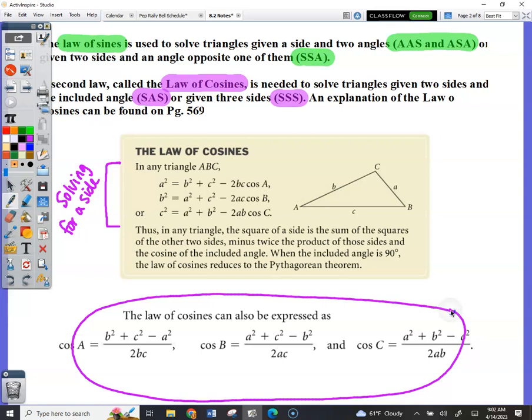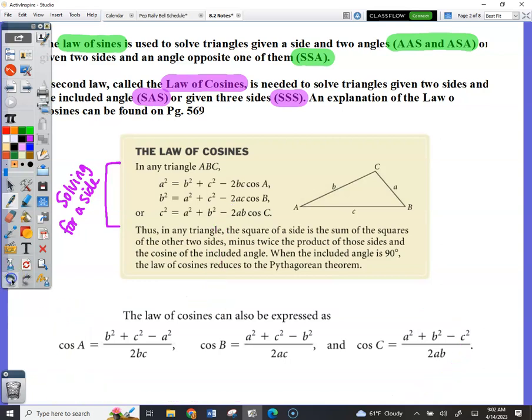Okay? You just have to know the difference between the two. These are the exact same formulas. It's just the top ones are when you're solving for the missing side using law of cosines. The bottom ones are when you need to find a missing angle using law of cosines. And then all you would have to do is hit second, like in this example right here. Probably hard to see what I'm looking at.